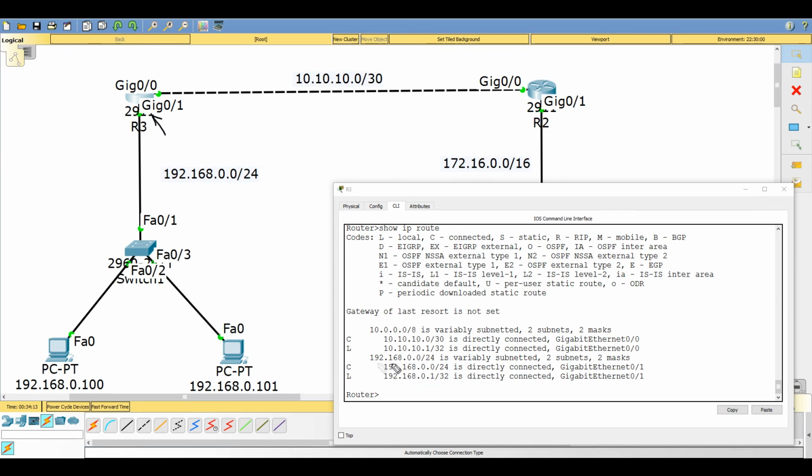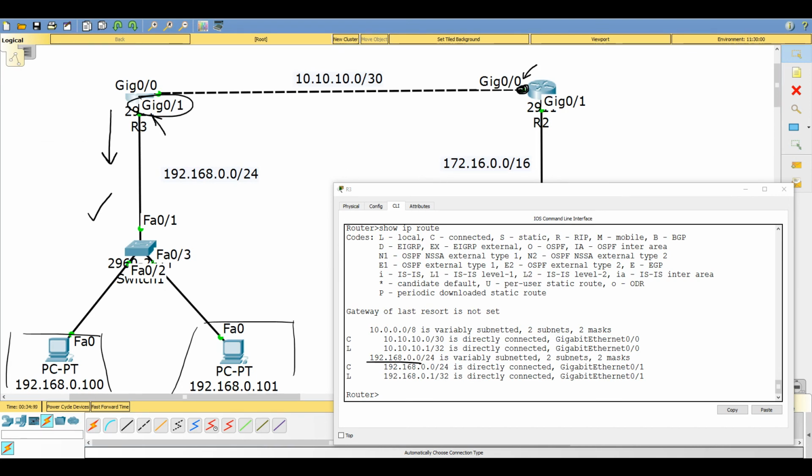We know by looking at the routing table, anything in the 192.168.0.0 network that's reachable out of the gig 0/1 down will be reachable. So of course, these two PCs will be able to communicate with the router, and the router will be able to communicate back. We also see that this router can communicate with this interface over on this router.